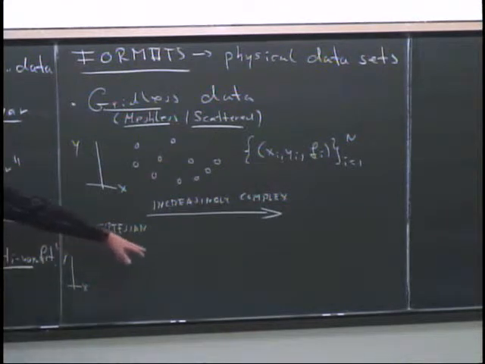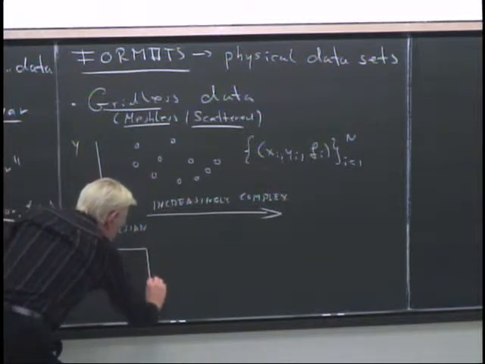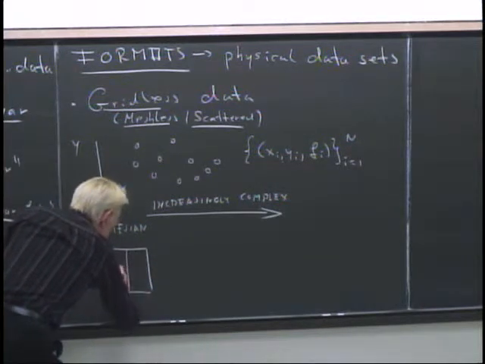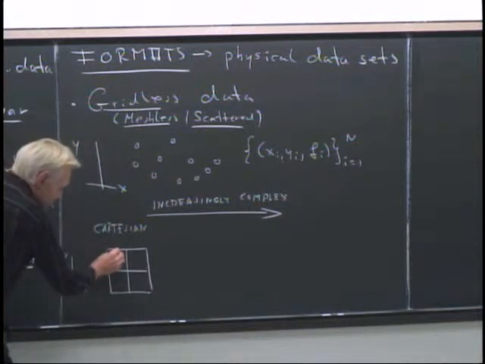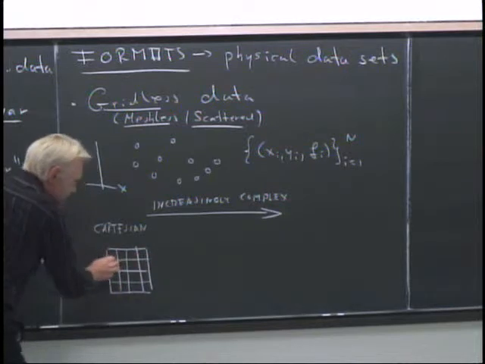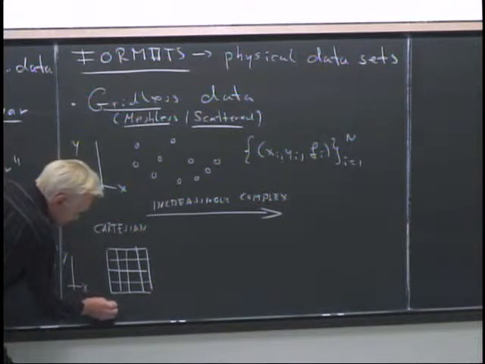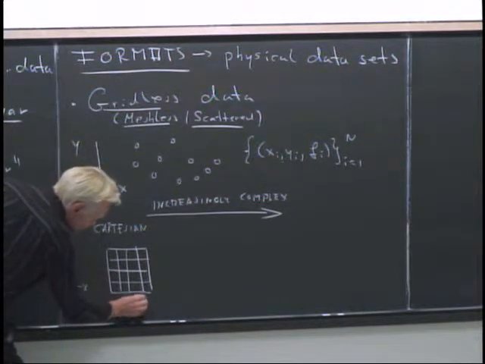Why are they called Cartesian? Do you know why that's called Cartesian? If you don't, look it up. All right. So Cartesian has an underlying implicit structure of this geometry. This geometry is not stored explicitly, it's there implicitly, because you call this location 0, location 1, location 2, location 3, and so forth.